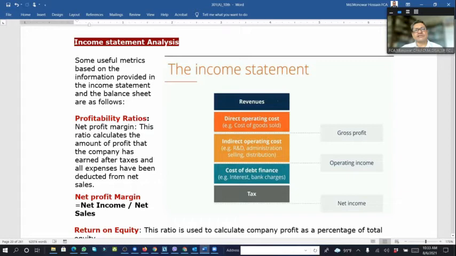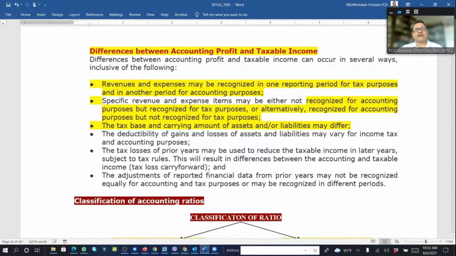We also discussed why the financial statement is important for the tax authority, the difference between accounting profit and taxable profit, and the ratio analysis, a few items, etc. Now we have a few math problems here.